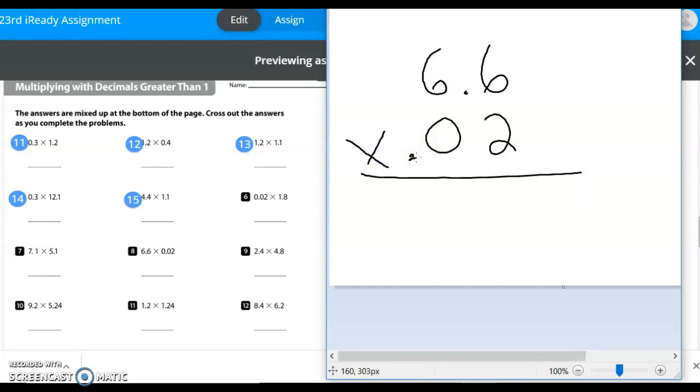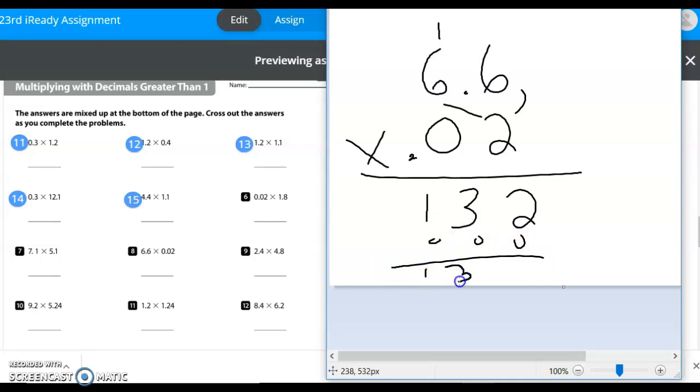So I know that 6 times 2 is 12. That's here. And then 6 times 2 is 12 plus 1 is 13. I know here that 6 times 0 is 0. 6 times 0 is 0. So I could add zeros here, but I'm still going to get 132. So where does my decimal go? So going here to my color, I'm going to scoop once, scoop twice, so that's 3 scoops.